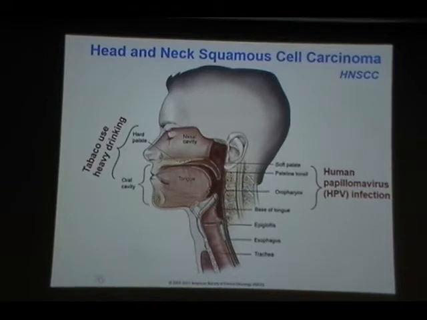However, cancers in the oropharynx region, like the tonsil, oropharynx, and base of the tongue, are associated with human papillomavirus infection, HPV infection. So the HPV virus does infect humans in the throat. However, this only accounts for about 15 to 20% of all head and neck cancer.